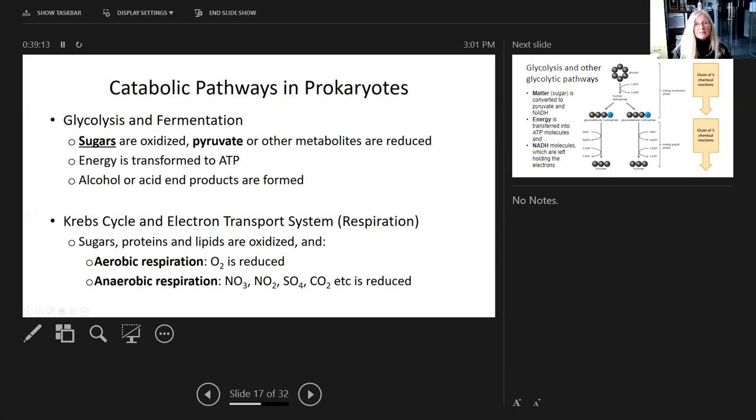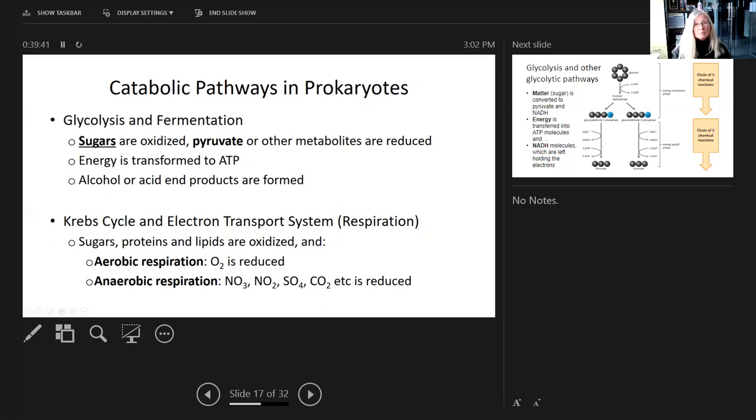And if it is something else, then we have the Krebs cycle and the electron transport system. I just want you to realize that fermentation as a pathway and respiration as a pathway are complete pathways. Glycolysis and the Krebs cycle are intermediate pathways, getting us to the end products that we're seeking, which is mostly the smaller metabolites to make biomolecules from, and then of course ATP.